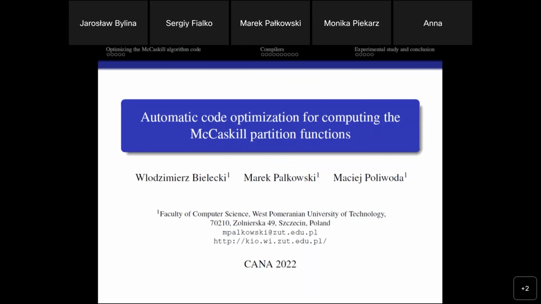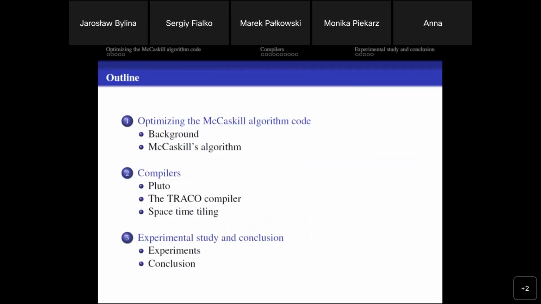Okay, so in this paper, we compare the efficiency of three state-of-the-art compilers: the very commonly well-known Pluto compiler, our previous Traco compiler, and the DAPT compiler, which implements a new tiling strategy.